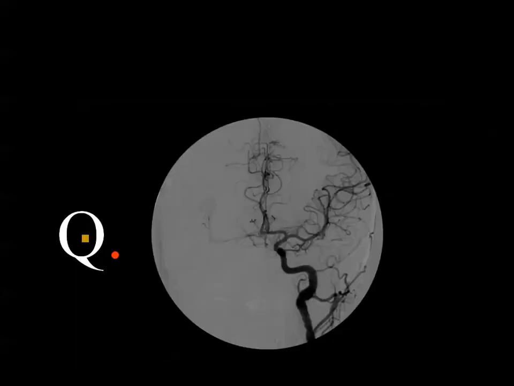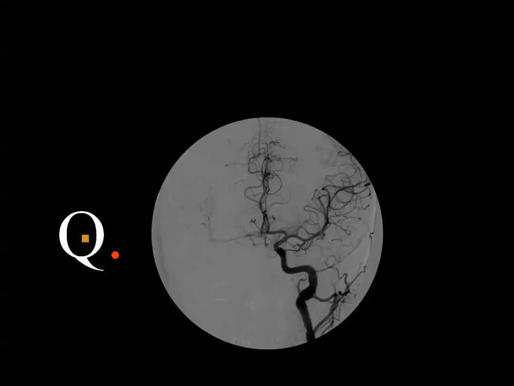DSA aided selective internal carotid angiogram, frontal view. Yes, this is selective injection on one side. Selective left internal carotid angiogram.